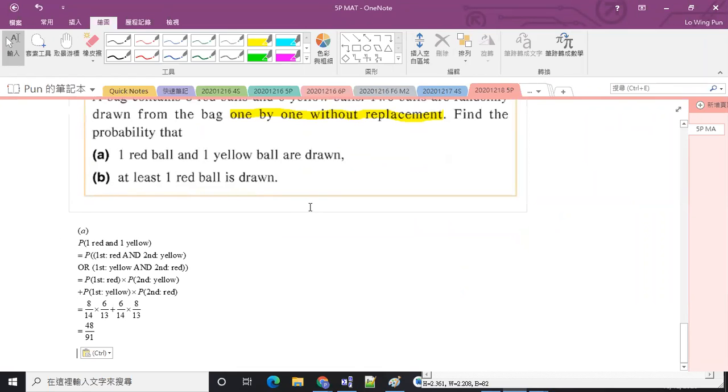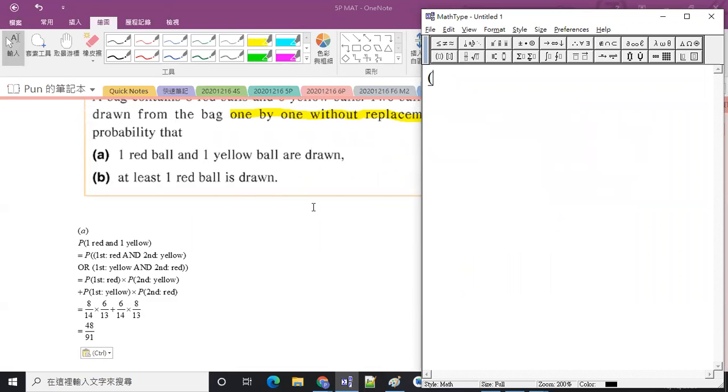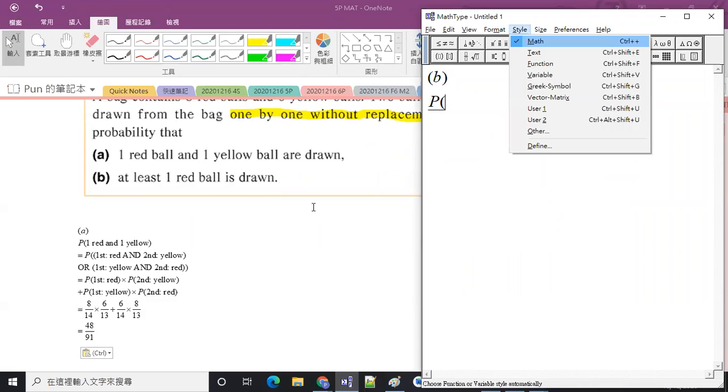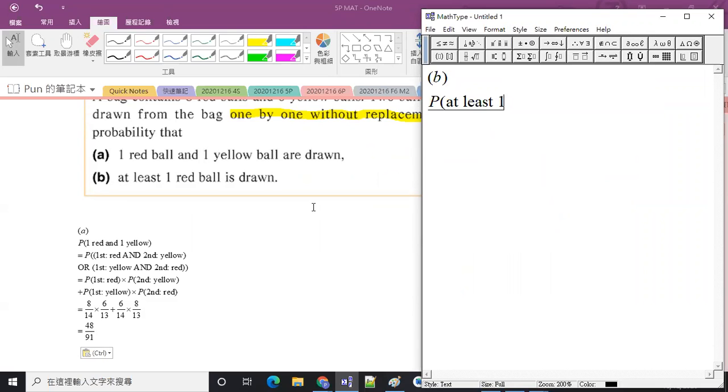And then part B, I want to find the probability that at least 1 red ball is drawn. At least 1 red. Okay, again we see these words. At least 1 red ball, so how many red balls can it be? It can be 1 red ball, or it can be 2 red balls, right?